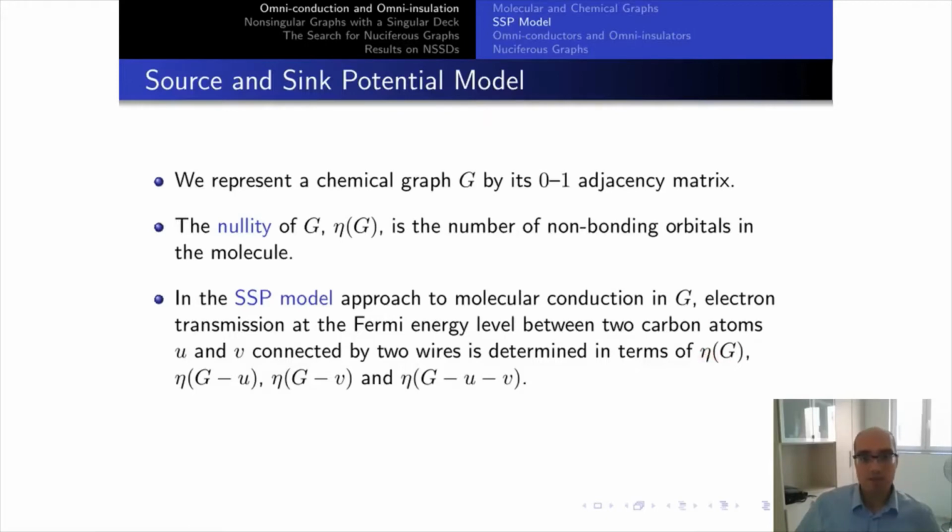The nullity of G itself, the nullity of the graph when you remove vertex U, the nullity of the graph when you remove vertex V, and the nullity of the graph when you remove both vertices U and V.